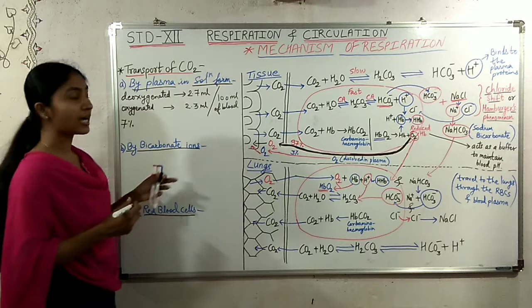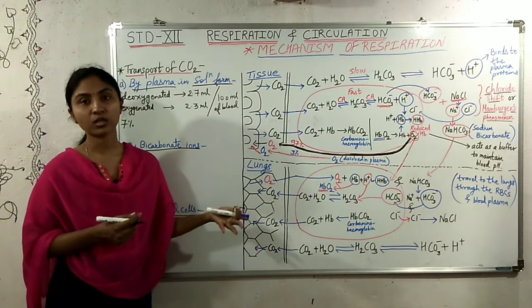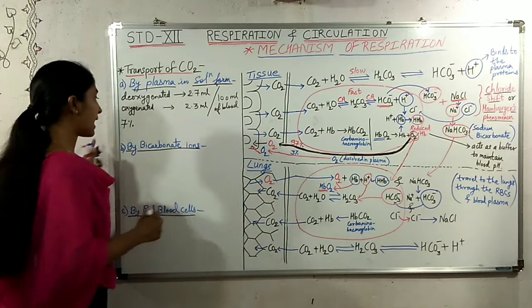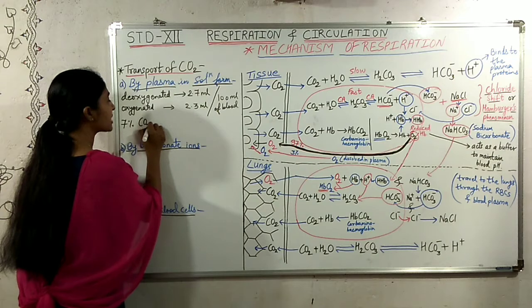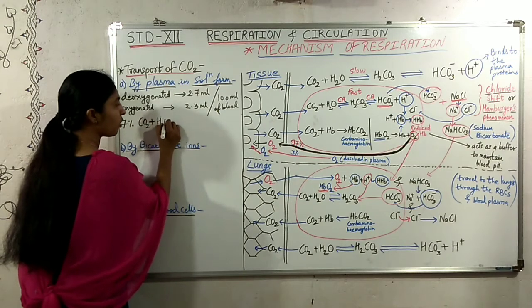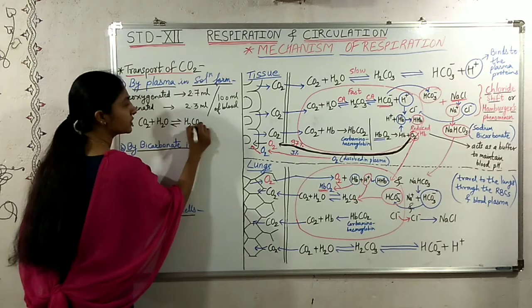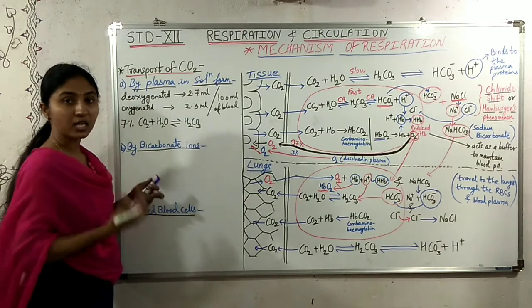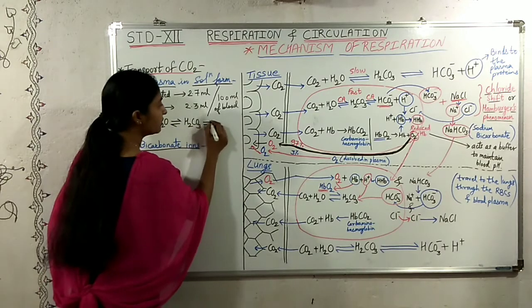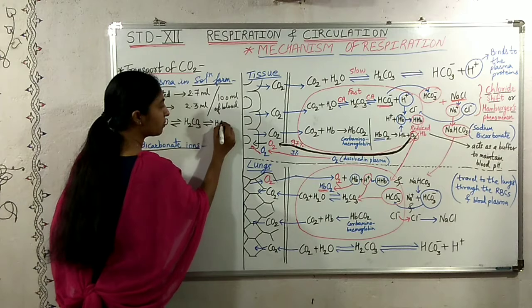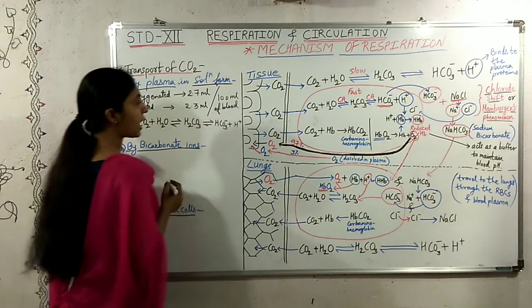This carbon dioxide combines with water to form carbonic acid. This carbonic acid is unstable, so it further splits up to form bicarbonate ions and hydrogen ions.